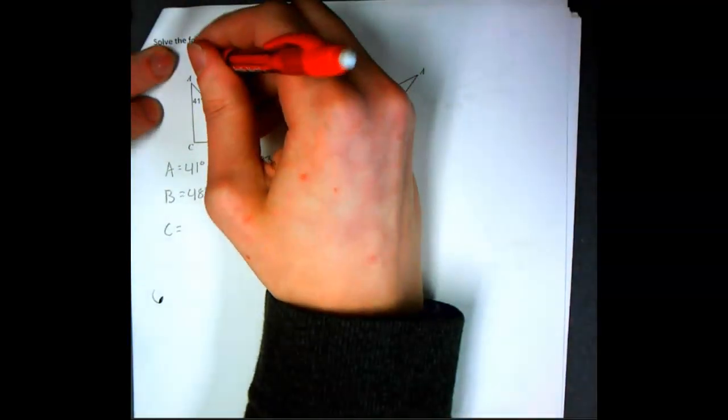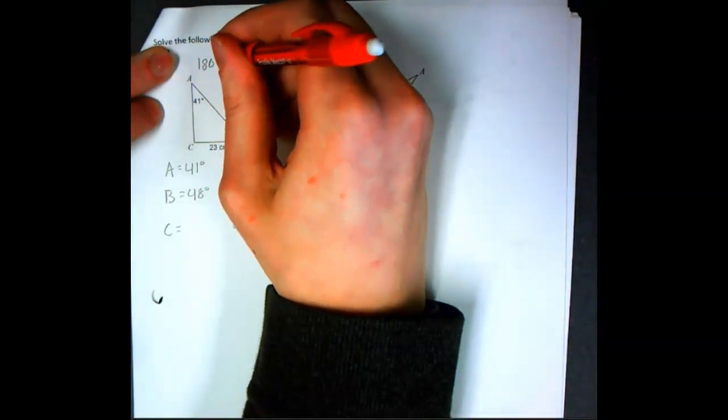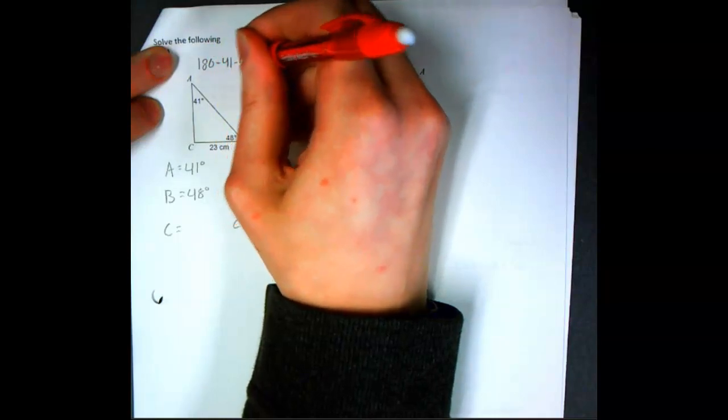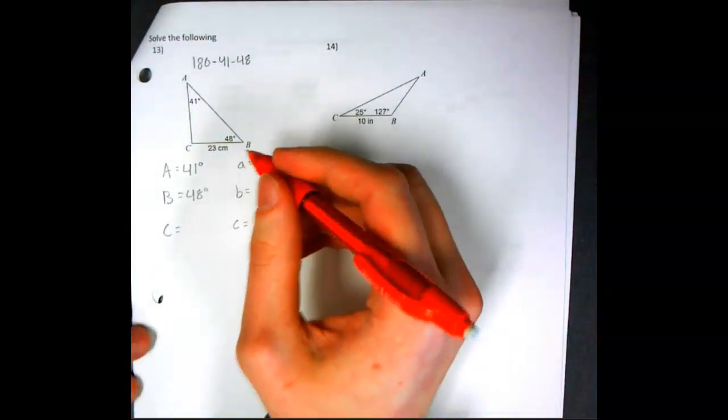All triangles have to have 180 degrees, so we'll do 180 minus 41 minus 48, and that's going to equal 91 degrees.